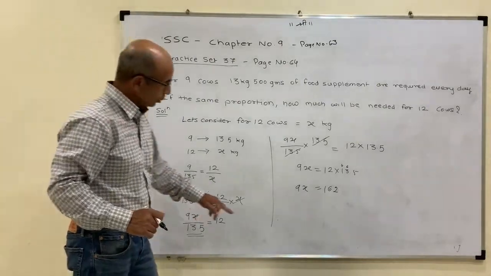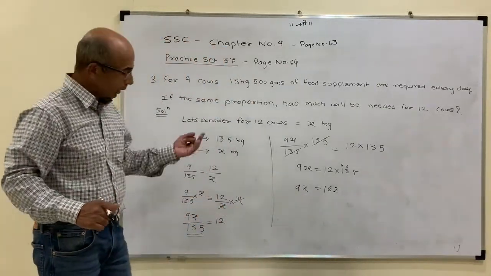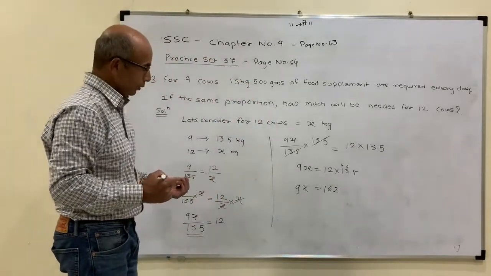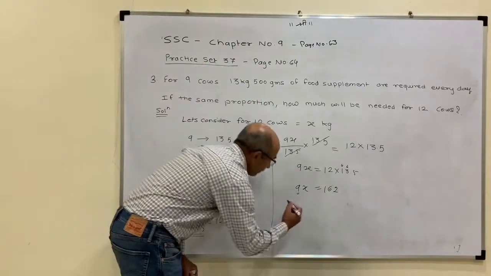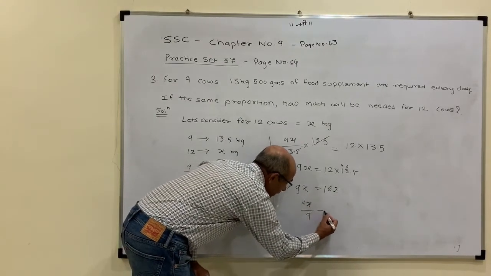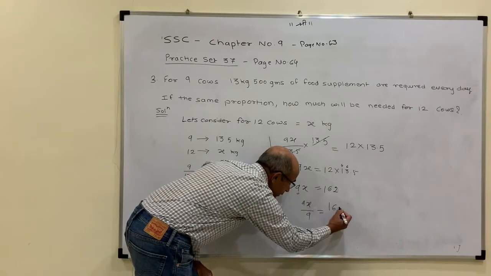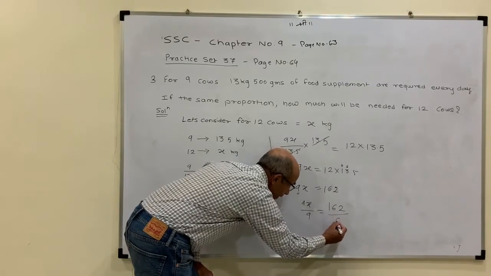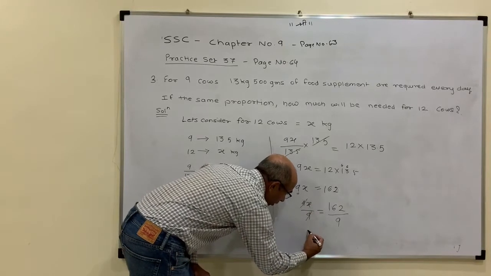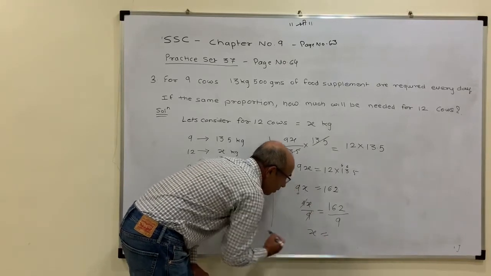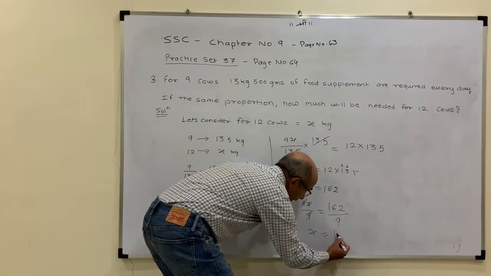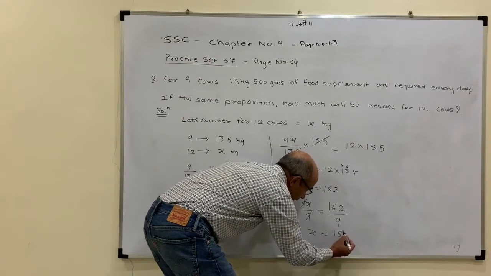Now to isolate x, I need to divide. The 9 is multiplied on the left hand side, so I need to divide by 9. So 9x divided by 9 equals 162 divided by 9. 9 is gone, x equals, 9 ones are 9, 9 8s are 72.